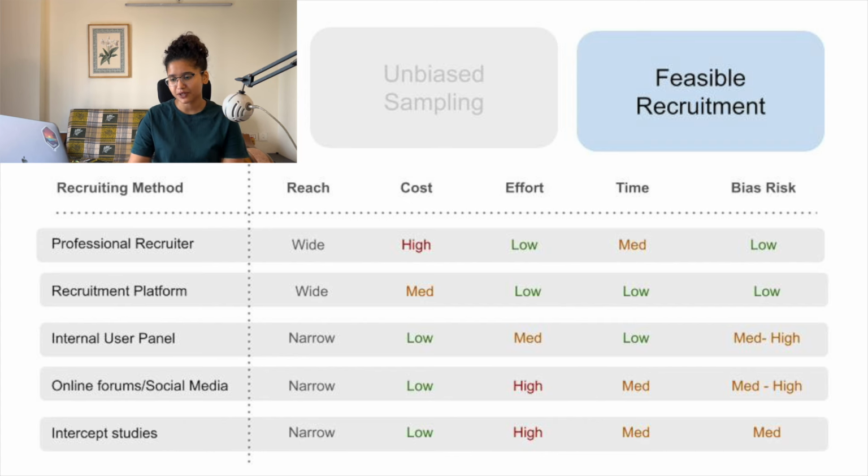If we talk about professional recruitment, these are companies or services that you reach out to, and in exchange for some amount, depending on your ask, they will help you get in touch with the right kind of people, and typically in moderate amounts of time.